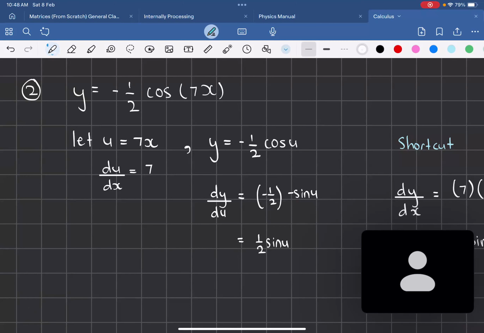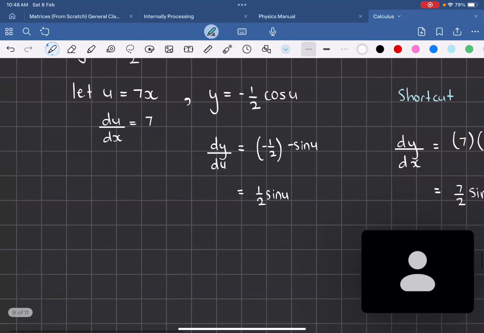So we have dy du and we have du dx. Now we need to find dy dx. How am I going to find dy dx? Kiara, I want you to look at dy du and du dx and multiply. And what two things will cancel off? The du's. You can see it.